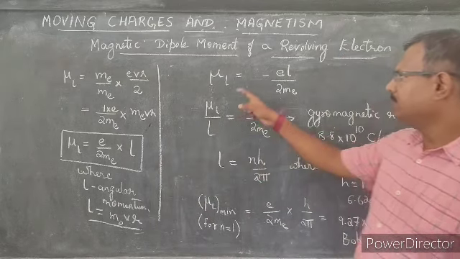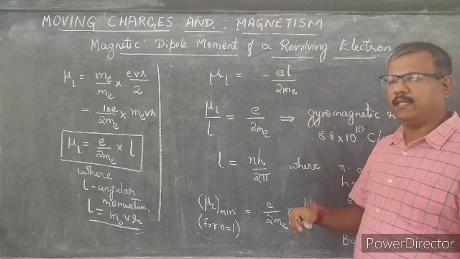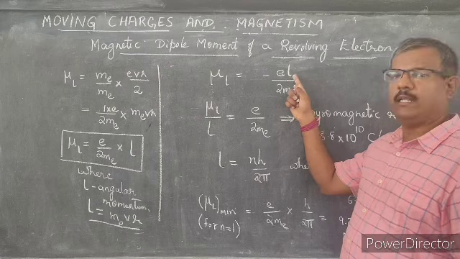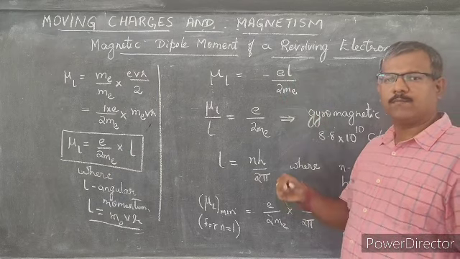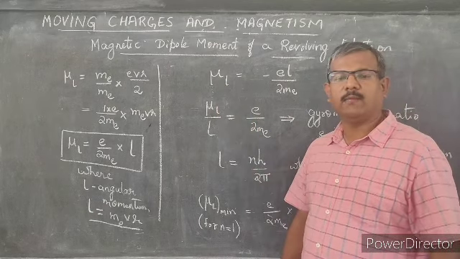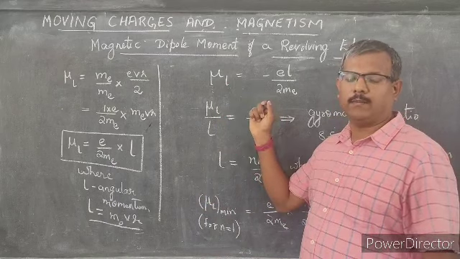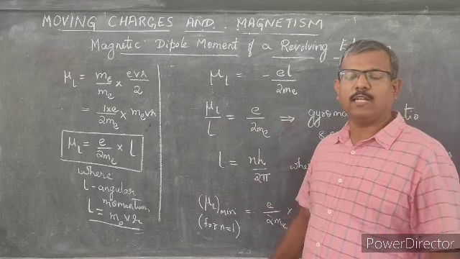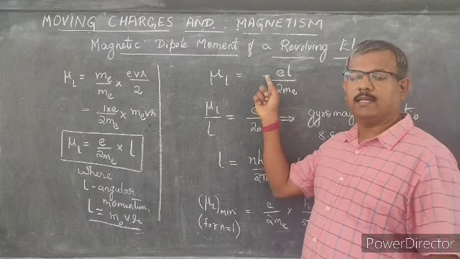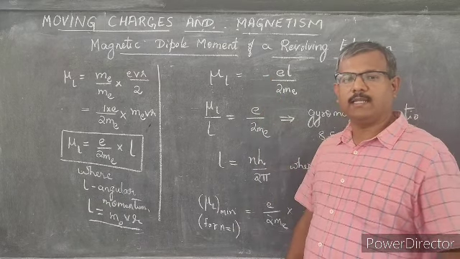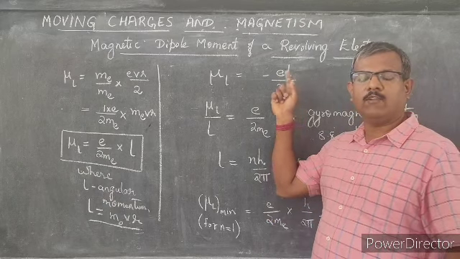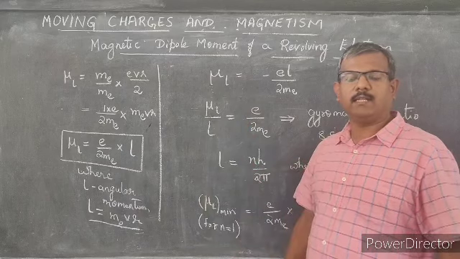So this expression is also sometimes rewritten with a negative sign, typically to indicate that the angular momentum L is opposite in direction to that of the magnetic moment mu L. This is so in the case of an electron because it's negatively charged. Whereas if we replace the electron with a positively charged particle, then we need not use this negative sign in this expression because the angular momentum will be in the same direction as that of the magnetic moment.